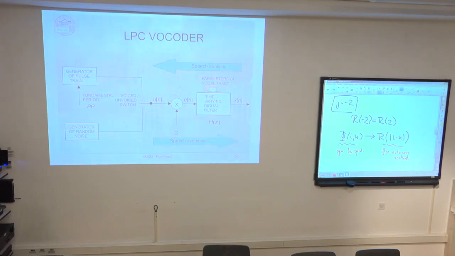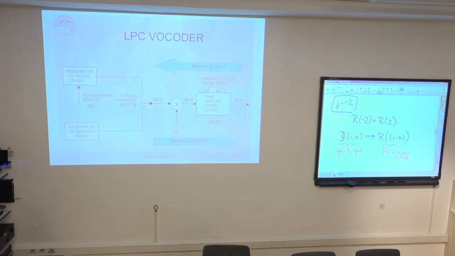So this time-varying filter has a set of parameters for one short segment. For another segment, I will compute a new set of parameters and synthesize speech using this optimal set, 10 numbers, alpha 1 to alpha 10.